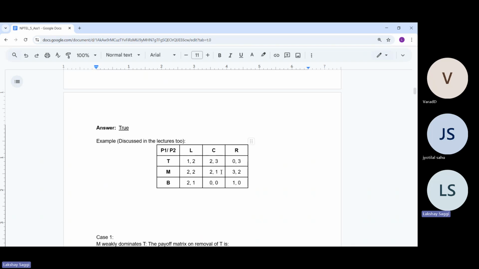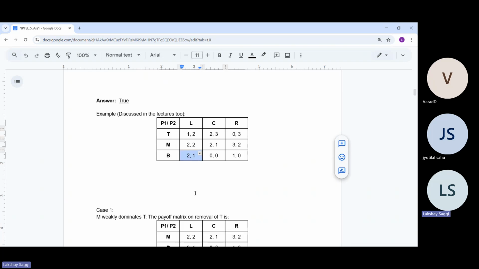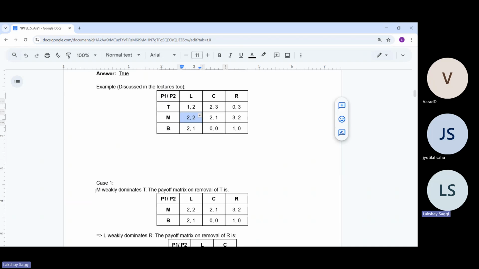We arrived at these two by first seeing that M weakly dominates T, so we removed T, and then L weakly dominates R, so we removed R. Using this, we arrived at two possible Nash equilibria, ML and BL.